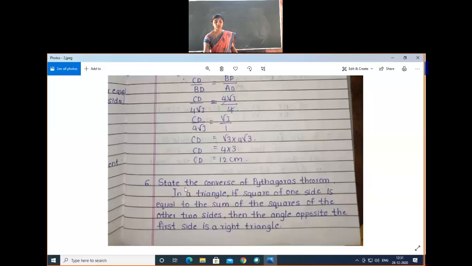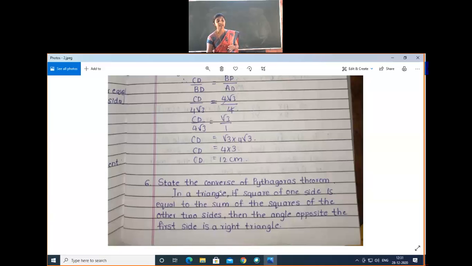So actually, here the word is converse. If we state the Pythagoras theorem, then in any right angle triangle, we have to start the definition with: the square on the hypotenuse is equal to the sum of the squares of the other two sides. But now it is the converse of Pythagoras theorem.